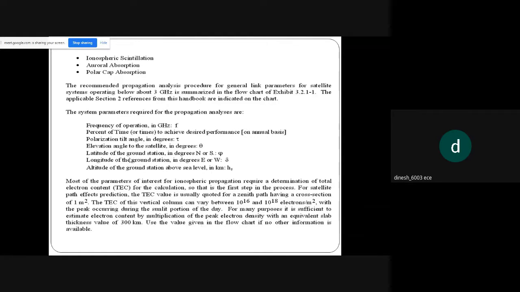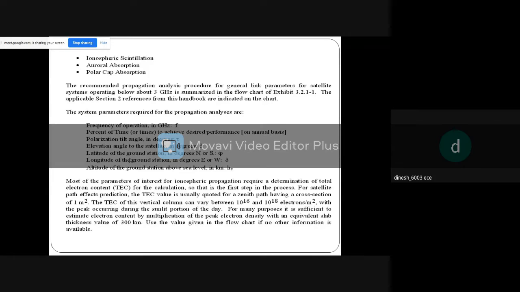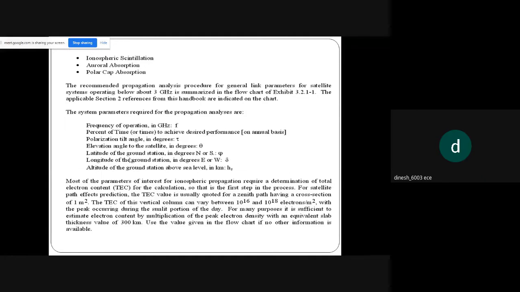This TEC value is usually quoted for a zenith path having a cross section of 1 meter square. The total electron content of this vertical column can vary between 10 power 16 to 10 power 18 electrons per meter square.